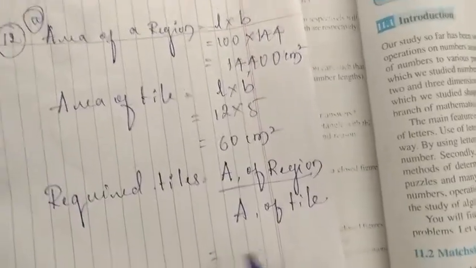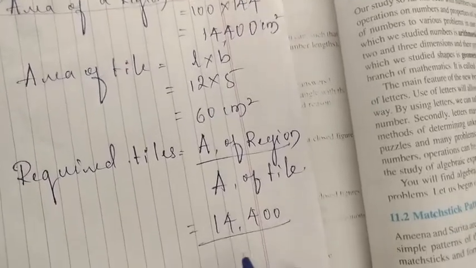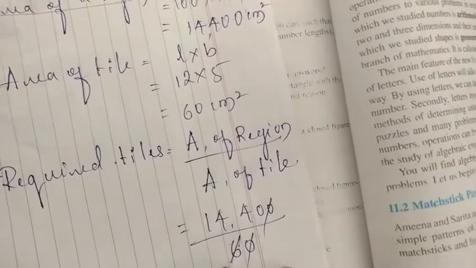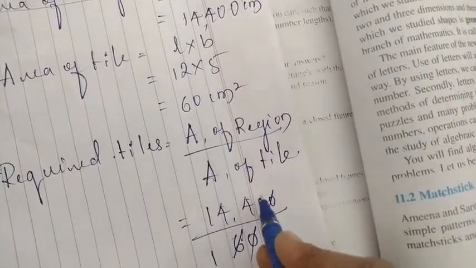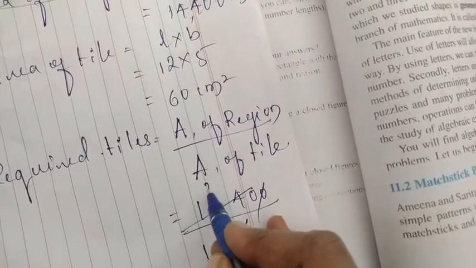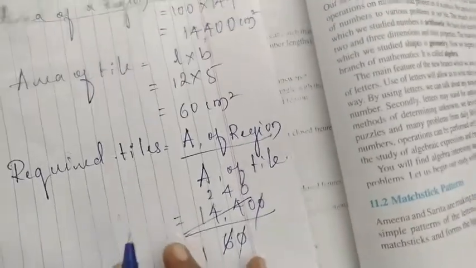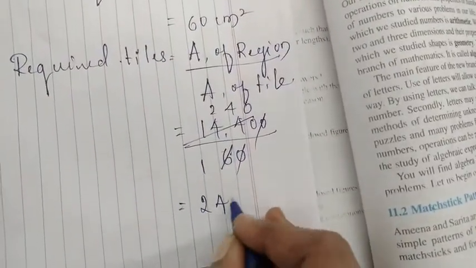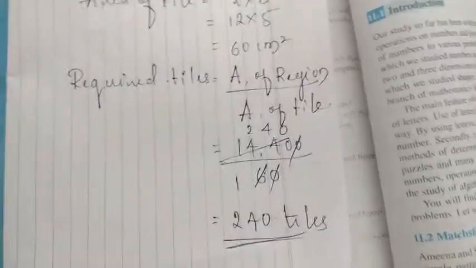Okay, next, 14,400 divided by 60. The zeros get cancelled. 6 ones are 6, 6 twos are 12, and 6 fours are 24, and 0 as it is. 240 tiles required. Understand? 240 tiles required.